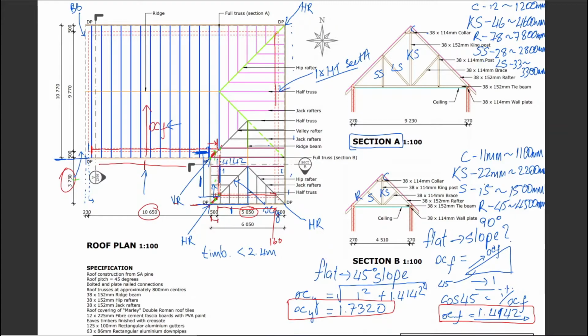And then I put whatever was applicable across, let's say, section A. Whatever was applicable in under 2.4 meters for section A, which included the half truss here and, let's say, the jack rafters, and I'll get onto the jack rafters now. I put them all into one description, which was less than 2.4 meters.